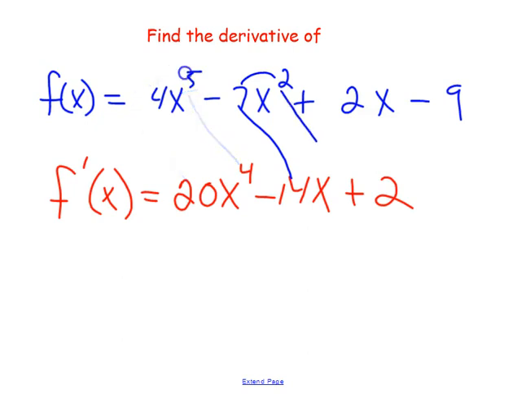The 2 gets smaller by 1, becomes 1. 2x to the first power, the 1 times 2 is the 2. And then the exponent gets smaller by 1. So I would have x to the 0 power, but x to the 0 power is just 1. And then the derivative of a constant, 0. So you don't put 9 on there. Derivative of a constant is 0.